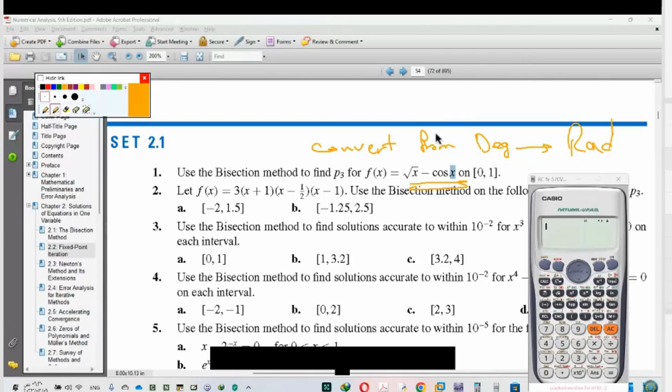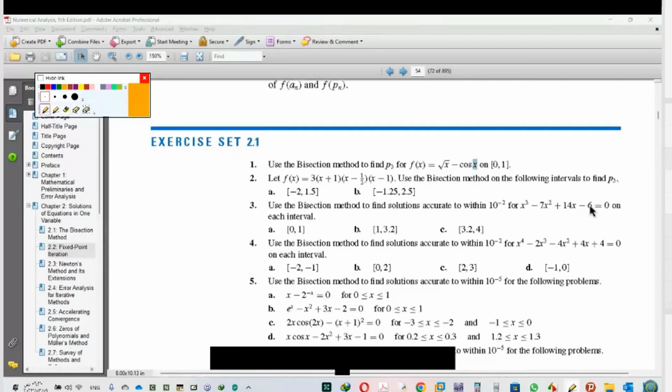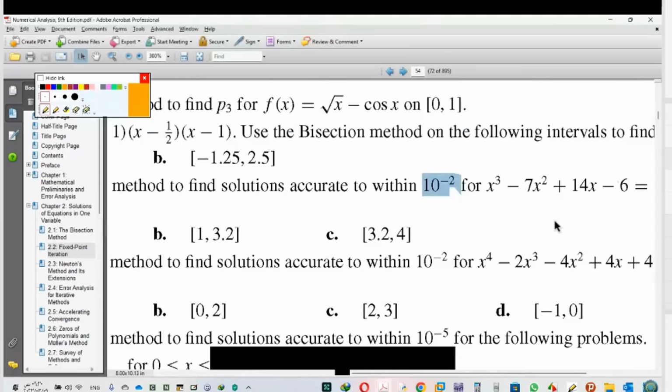So in the exam, either he asks you to find B3, or B4, B1 anyway, or he will ask you about, for example, let's say bisection, find B3. Here he asks me to find the error 10 to the power minus 2. So that's another form.